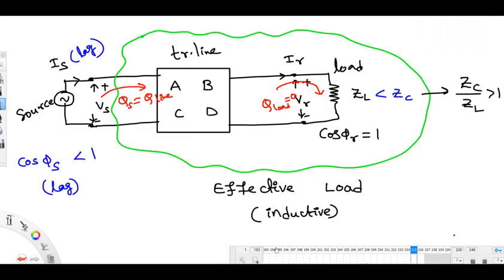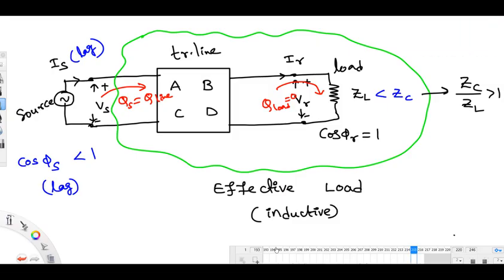Beta L is the phase displacement, but delta and beta L look alike. For the ZL equals to ZC condition, you are going to get the phase displacement exactly beta L. But for ZL not equal to ZC, you don't get the delta exactly equal to beta L. It may be less than beta L or more than beta L. Chances are there.